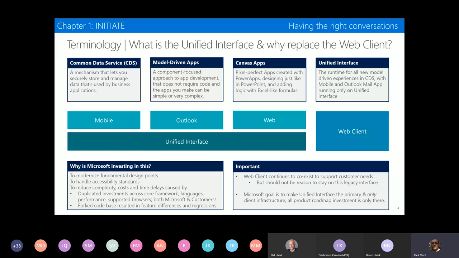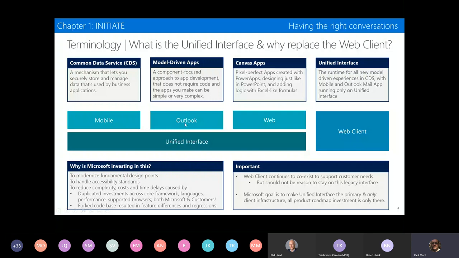We call it the unified interface because it spans really the mobile environment, so what we see on phones and on tablets. It encompasses what we have in Outlook. So if you look at the app for Outlook, the Outlook Mail app as we also call it, you will find that that interface is the unified interface. And in fact, on mobile and on Outlook, we only have the unified interface.